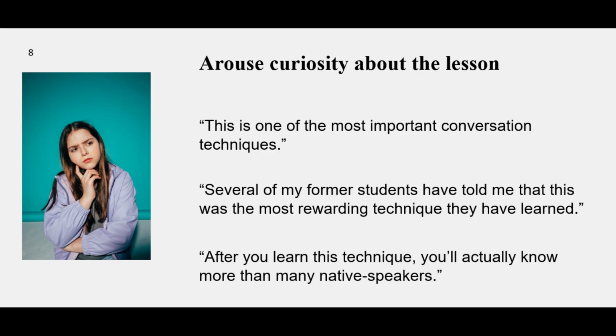And another, after you learn this technique, you'll actually know more than many native speakers. So by getting our students curious about a lesson through our introduction, we can stimulate them to want to learn more about what they'll be doing or studying in the upcoming activity or assignment.